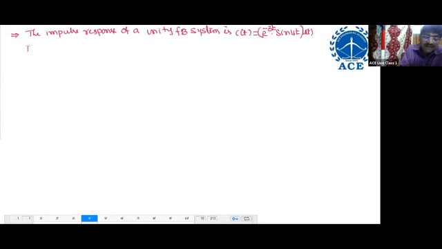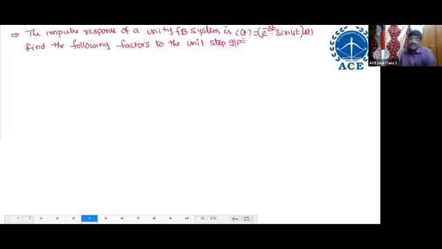Find the following factors for the unit step input, because time domain specifications are defined only for step input, but the given one is an impulse response.